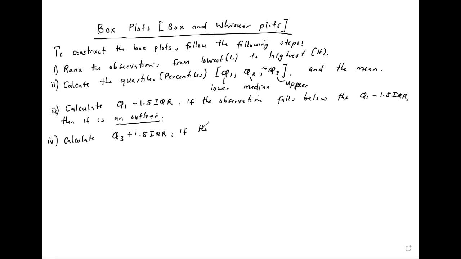If the observation falls above quartile 3 plus 1.5 times the interquartile range, then it is an outlier.